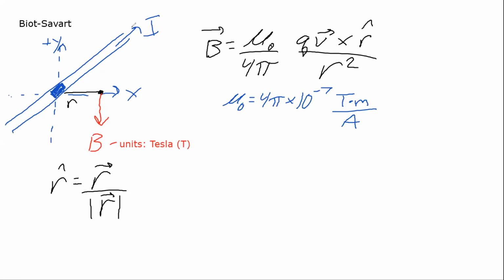So this is just going to be the direction of r. That's what that unit vector is, the direction of r, which points from the charge, or the wire in this case, to the point of interest.